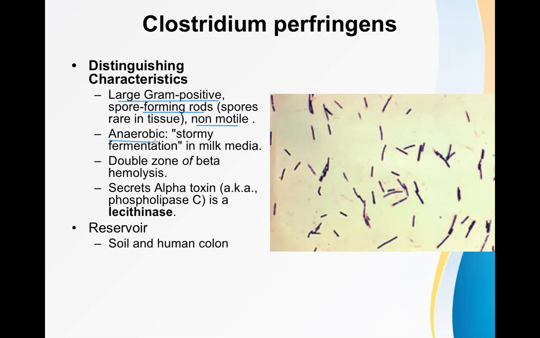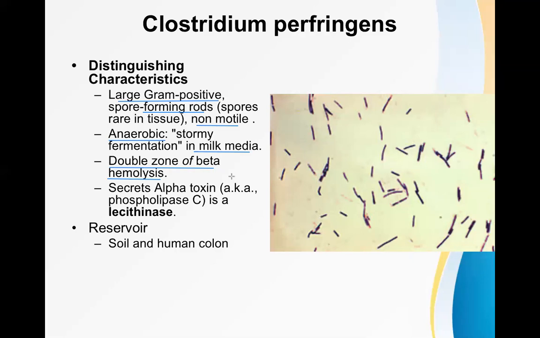These are anaerobic organisms. They form stormy fermentation in milk media, which is how we can identify them later in the microbiology lab. There is a double zone of beta hemolysis. Beta hemolysis is a very clear hemolysis around the colony. There are three types of hemolysis: beta, alpha, and gamma.